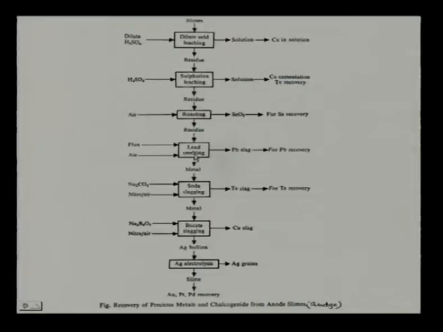There will be a residue which will go for lead smelting to get lead. You will get a metal, which will go through some other process to get another metal, some other step, and finally we can recover silver grains, etc., and the slime will have gold, platinum, palladium.